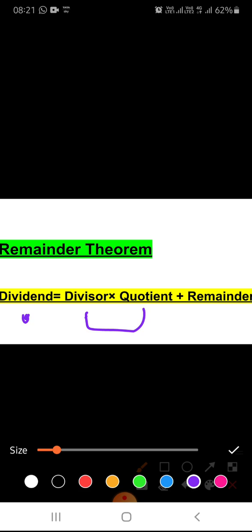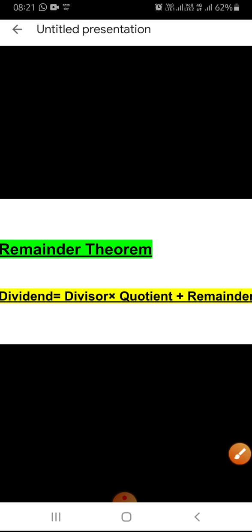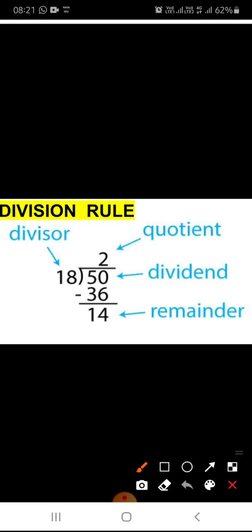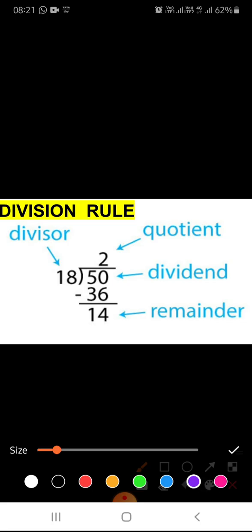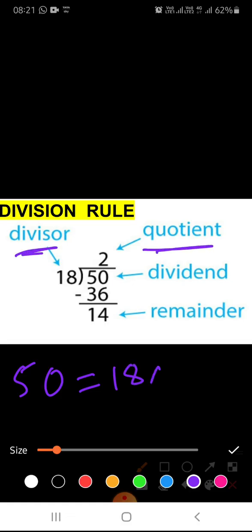Okay, dividend is equal to, which one? Dividend means 50. 50 is equal to how much? Divisor multiplied by quotient. Divisor means 18 multiplied by 2 plus the remainder 14. So these two should be equal.